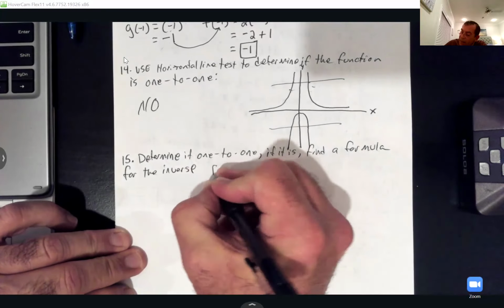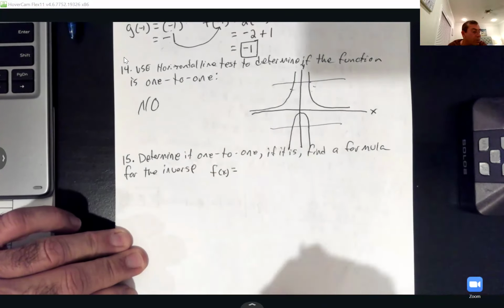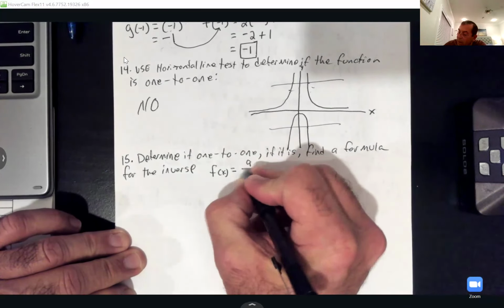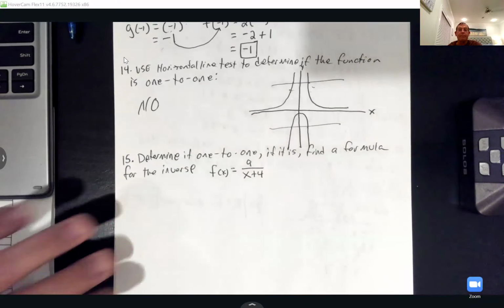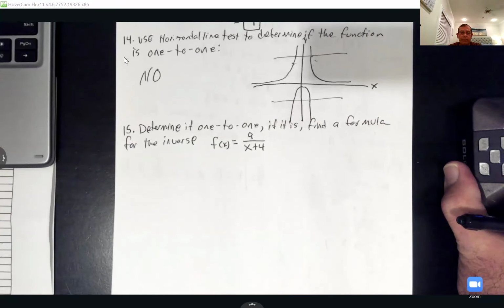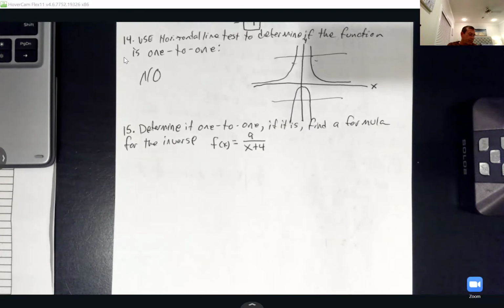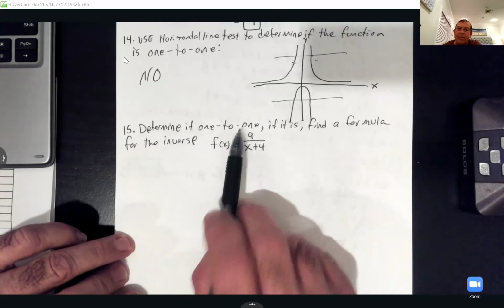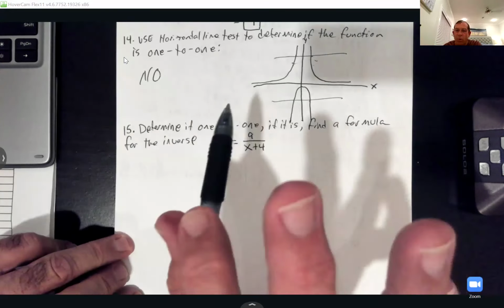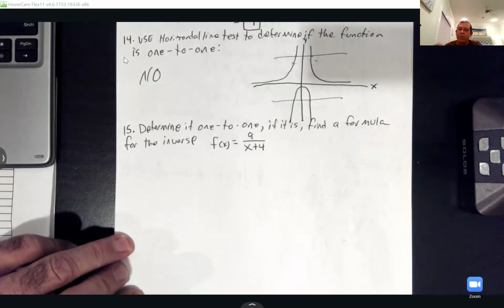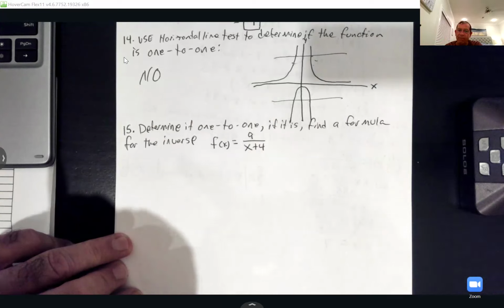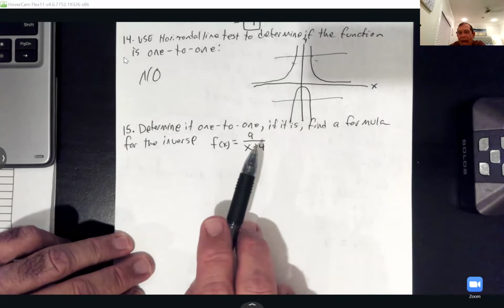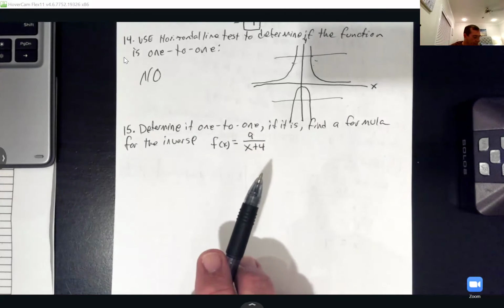So my 15, I got f of x equals 9 over x plus 4. So, y'all, automatically, 15 is yes, it will be 1-to-1. So no matter what, it's going to be 1-to-1 for 15. So if you put no, you're definitely going to miss it. Because I found a problem that would always be yes for this. Because you got to find the formula for the inverse, okay?